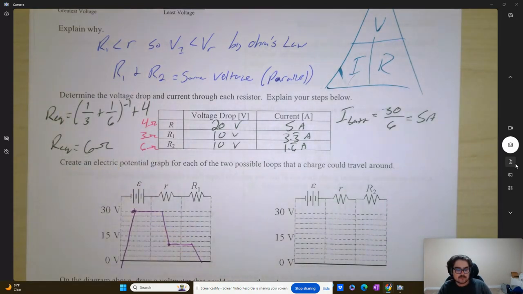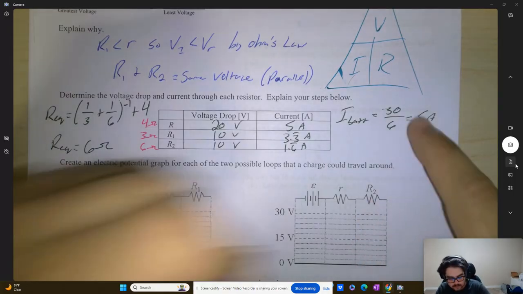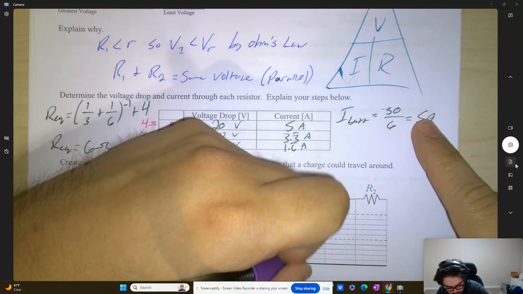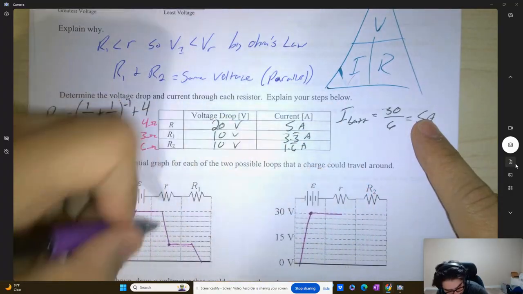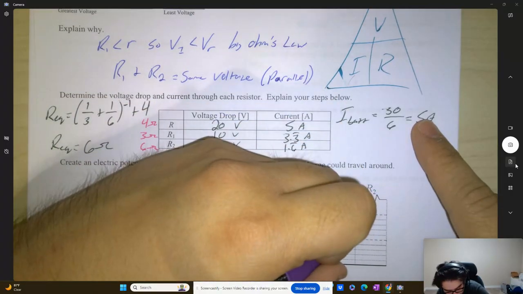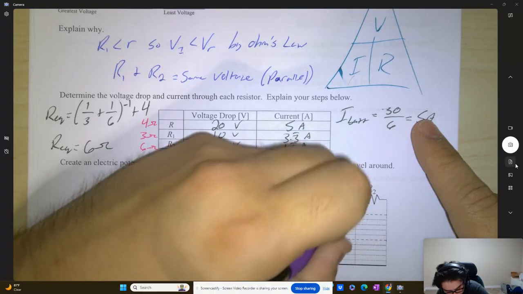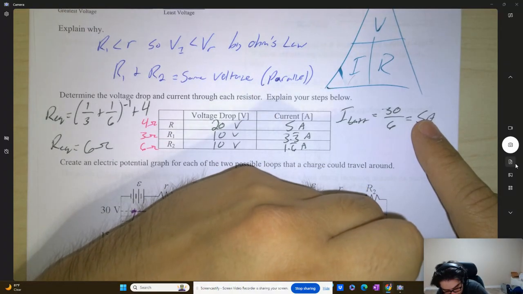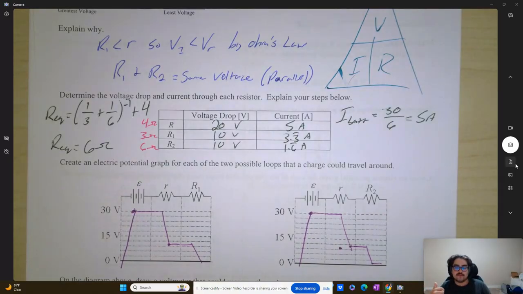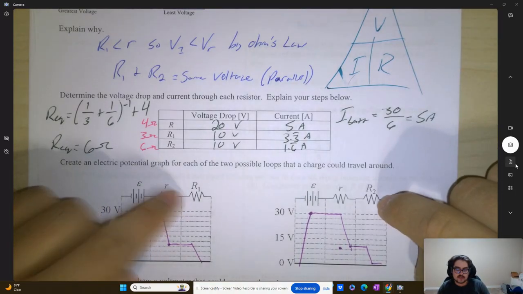So it should look something like that. And then again, this is going to be the exact same thing, especially starting out. Oh, actually it should look the same for both, right? Because I keep forgetting, the voltage drop on these 2 resistors is the exact same.